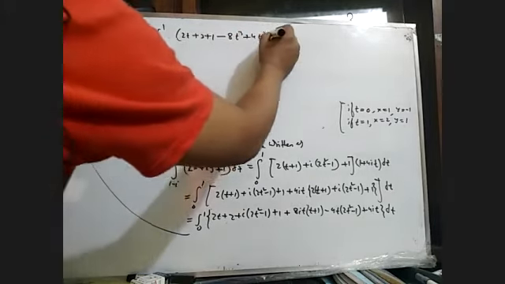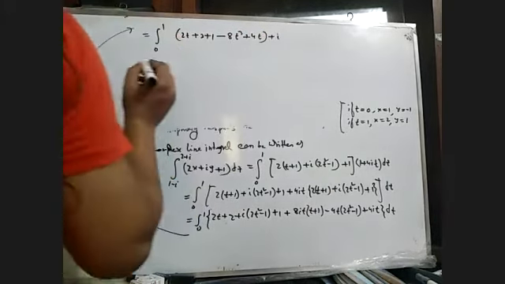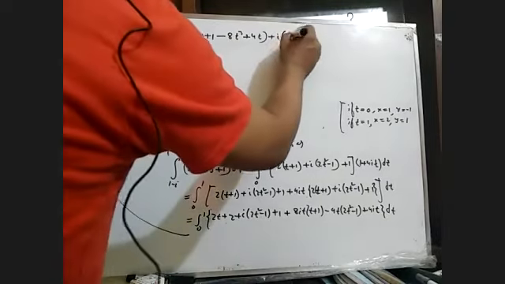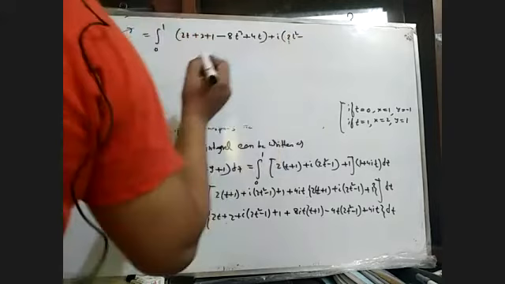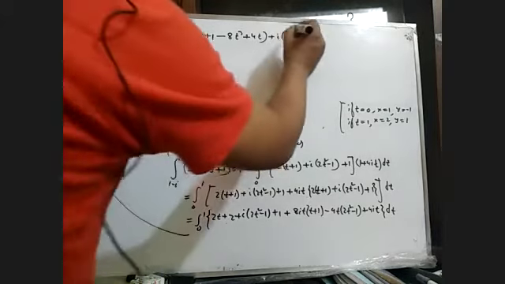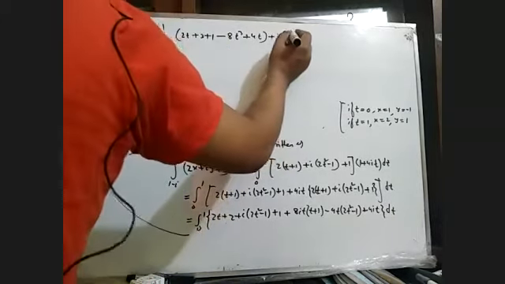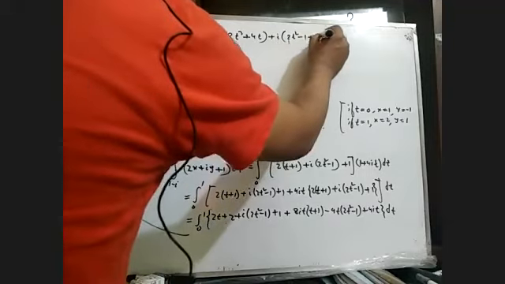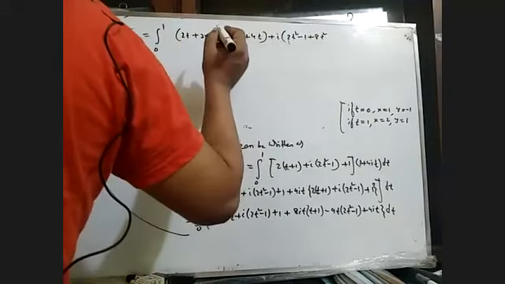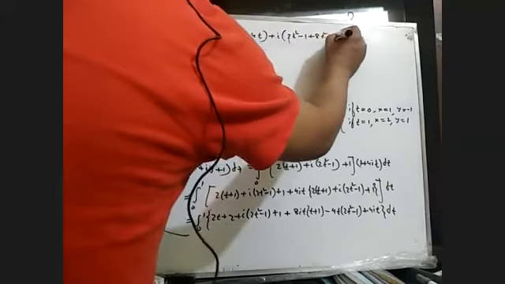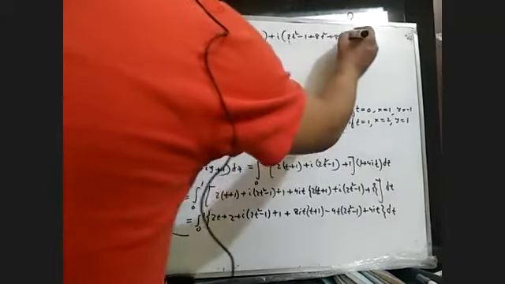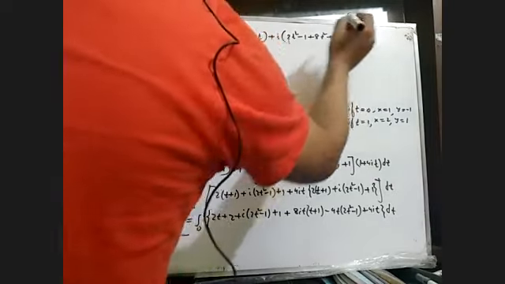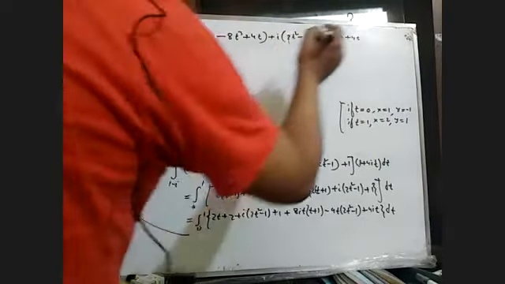This is the real part, and imaginary part will be like this: 2t square minus 1 plus 8t square plus 8t plus 4t dt.